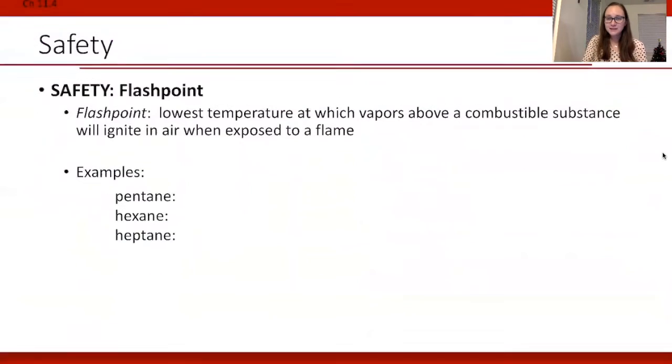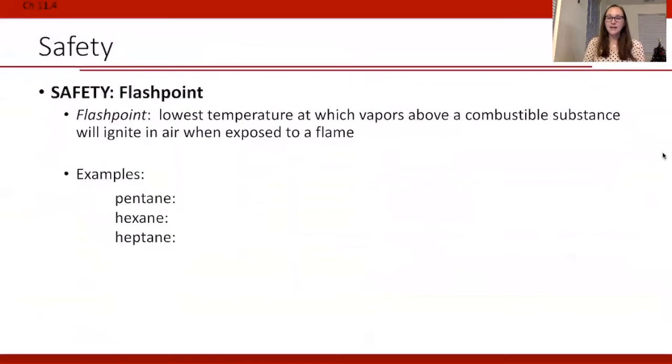So some safety associated with alkanes is specifically their flash points. When we're looking at things, really almost all of them, but particularly the smaller carbon count alkanes, we have to worry about their flash point. Their flash point is the lowest temperature at which vapors above a combustible substance will ignite in air when exposed to flame.